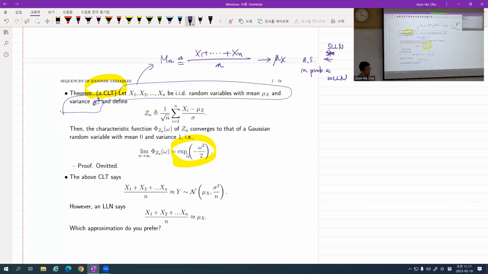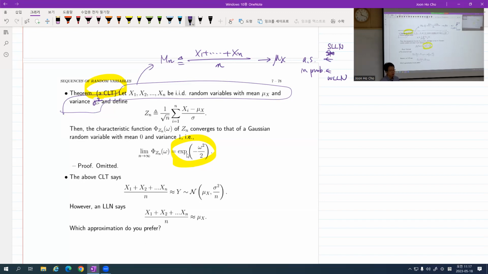Now, what you do is a little bit different. See that? What you do is that you subtract the mean, the common mean in this case, and you divide this centered version by sigma. And you will find that actually that division is not necessary. It's not necessary, but just for our convenience.